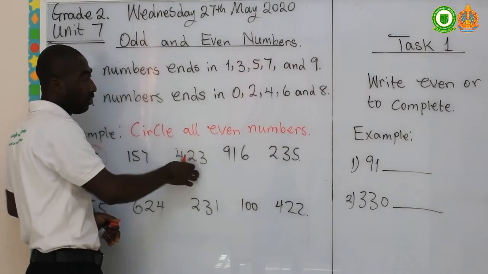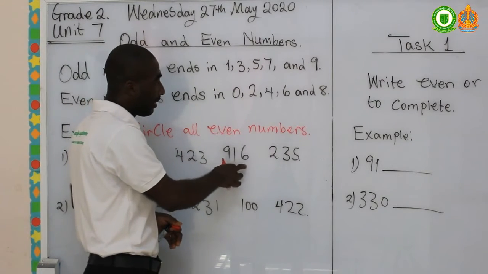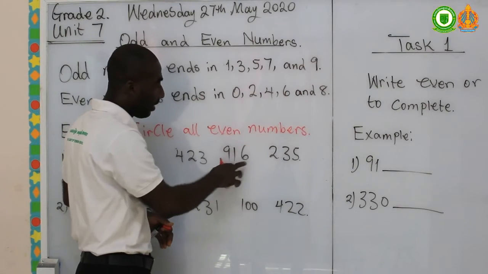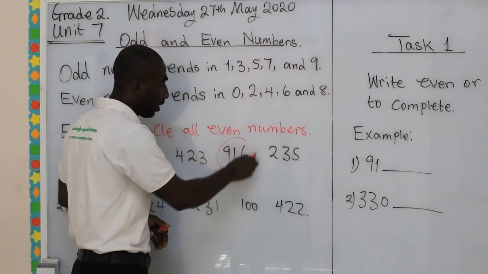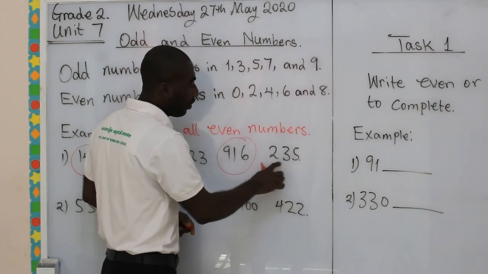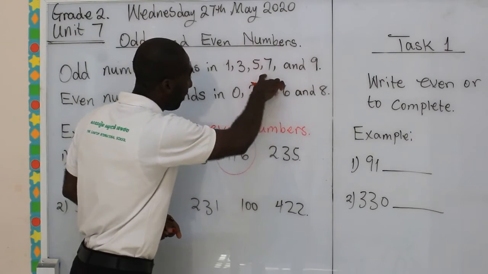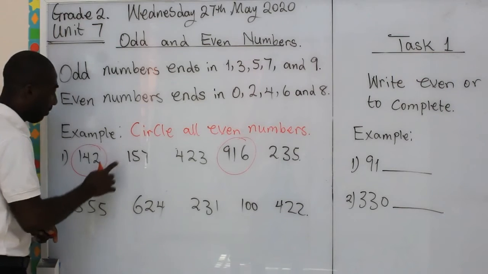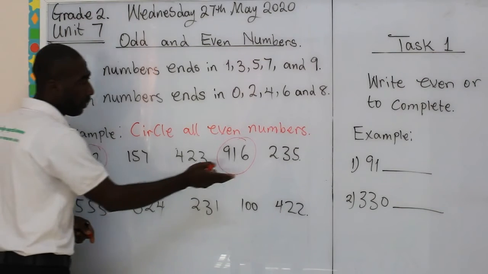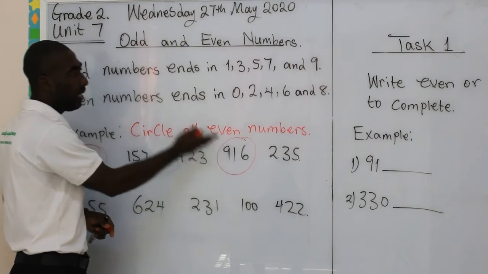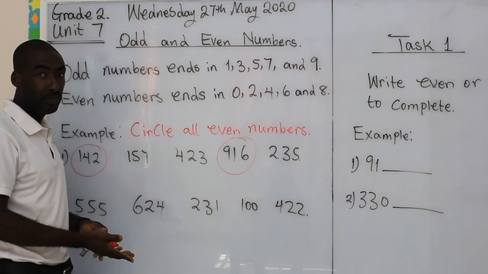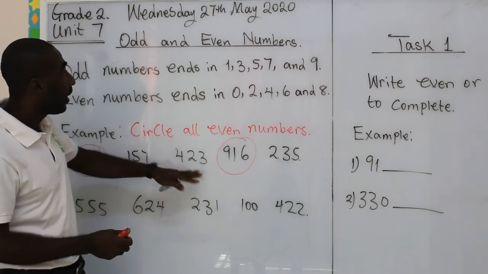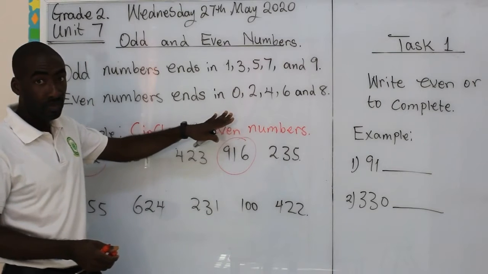It belongs to the odd, so we cannot. 196, we have 6 here, so this is even. We have 2, 3, 5. 5 is in the odd, so we cannot circle this one. Okay, so within this line we have 142 and 196 to be even numbers.